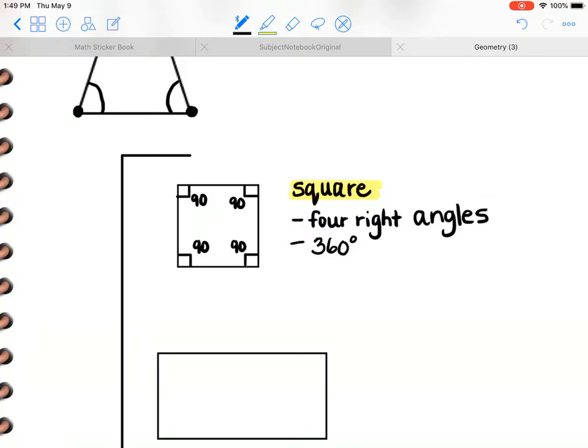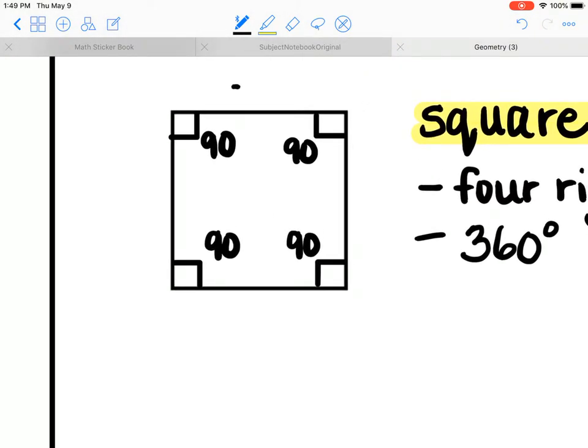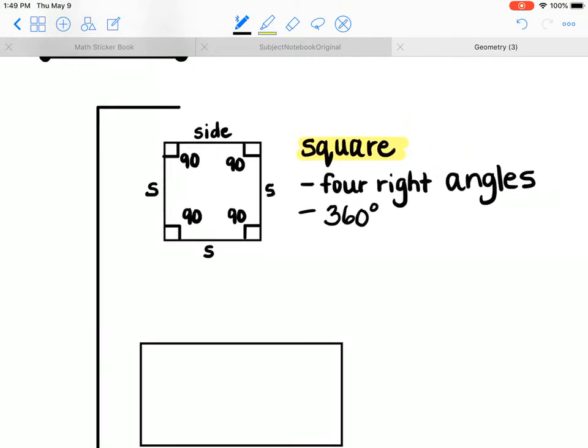And let's go ahead and label a square. Usually you're going to see this called the side. So you will have an S as the variable for labeling the side of the square. And all sides are equal. If this is a square, the sides must be exactly equal.